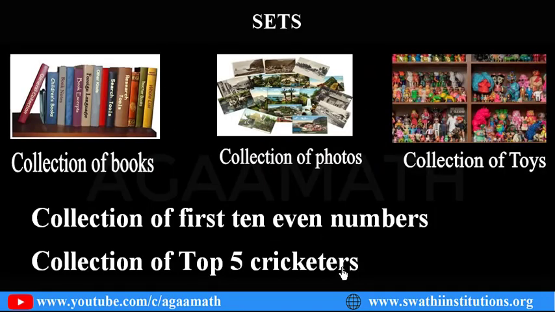A set is nothing but a well-defined collection of objects or things. Does it mean that this collection of books becomes a set? Or this collection of photos, or this collection of toys becomes a set?